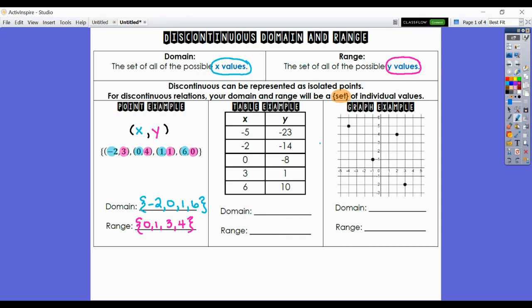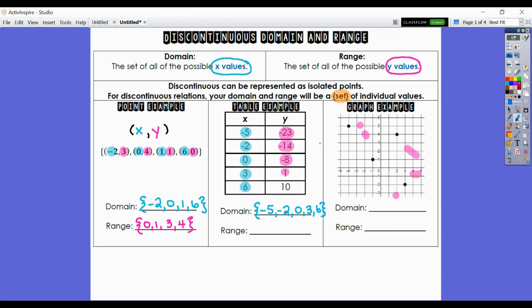For tables, again, they're isolated points. We select the x values that are in the first column, and we list them least to greatest in our brackets for set notation: -5, -2, 0, 3, and 6. For the y values of a table, they're going to be in the second column.